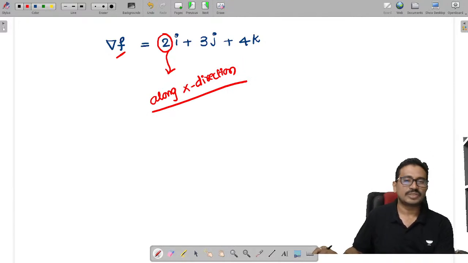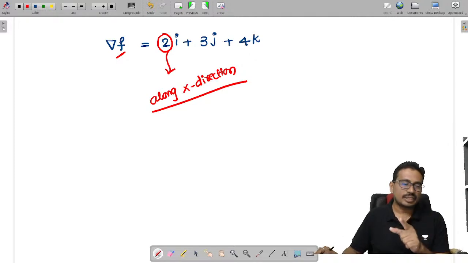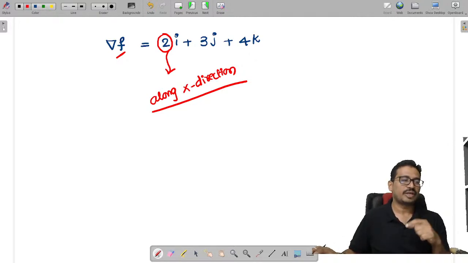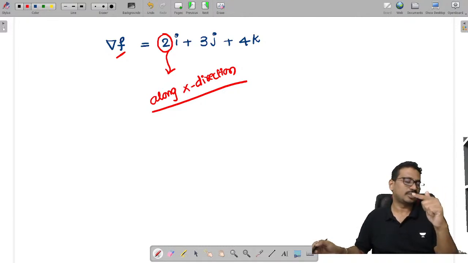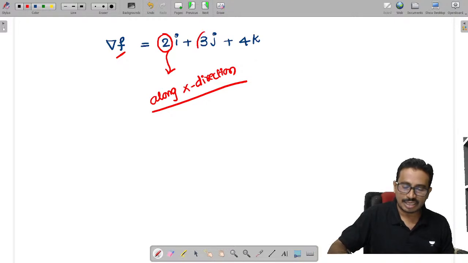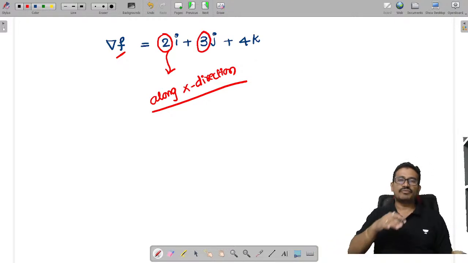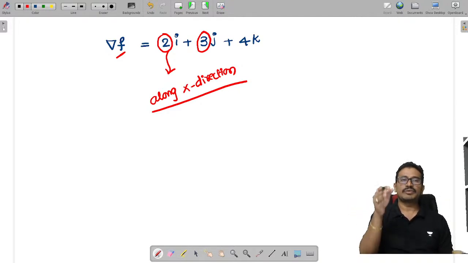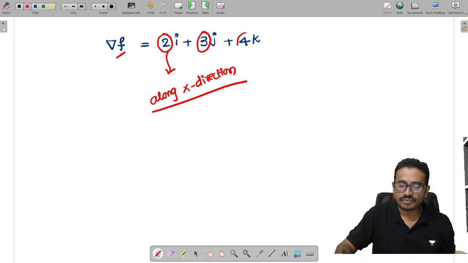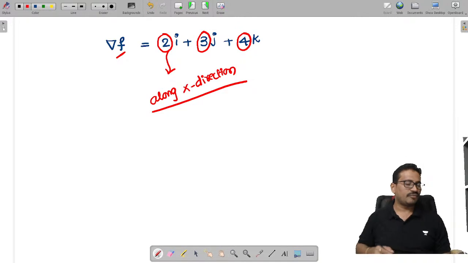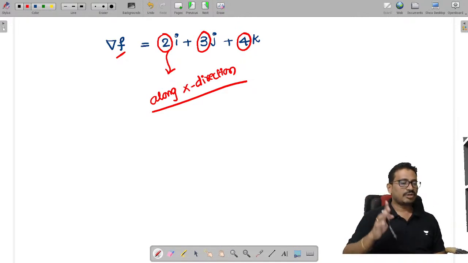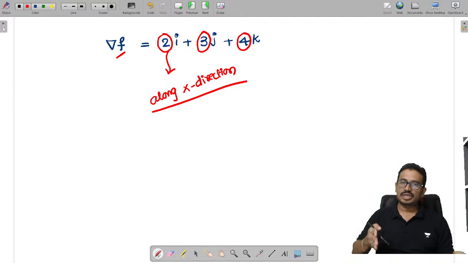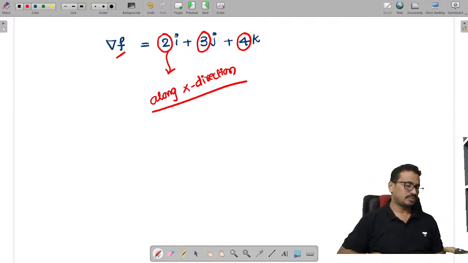For every 1 meter distance, the function changes by 2 units. Along the y direction, for every 1 unit there is a variation of 3 units. And along the z direction, for every 1 unit change, you can observe 4 units of change.